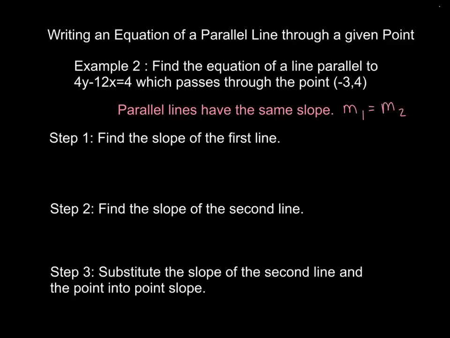So basically all we have to do is solve for the variable y in this equation. So I'm going to write down the equation they give me. 4y minus 12x is equal to 4, and I'm just going to solve for y. Now first thing I need to do is add 12x to both sides.